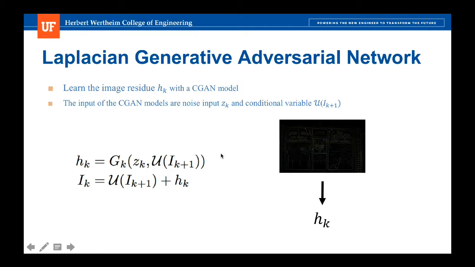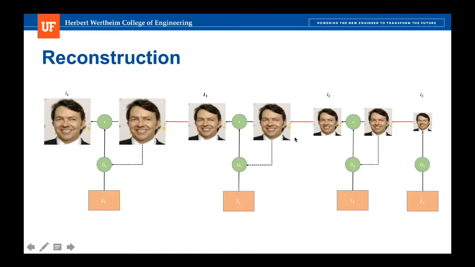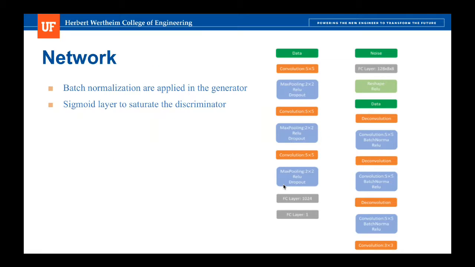In our experiments, we also use this architecture. This is our discriminator and generator. The discriminator is a convolutional network, and the generator is a deconvolutional network. And there are some tricks.